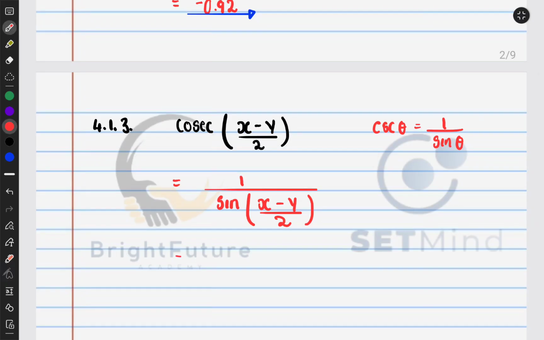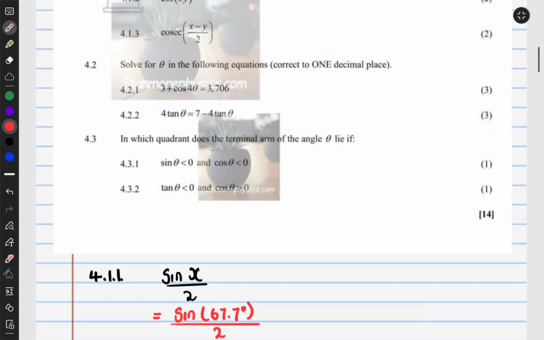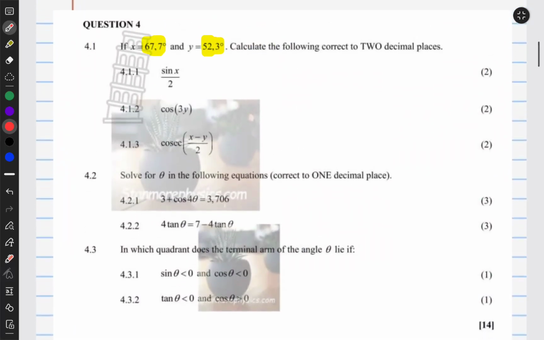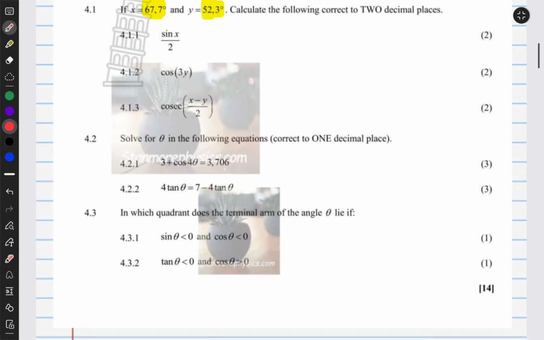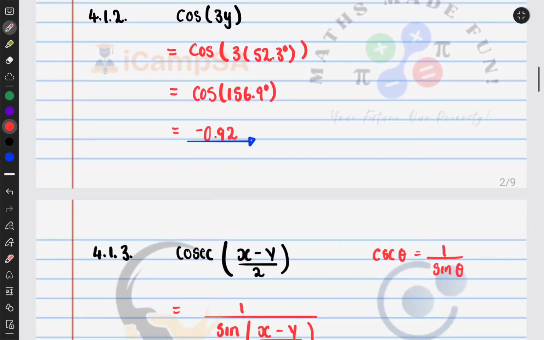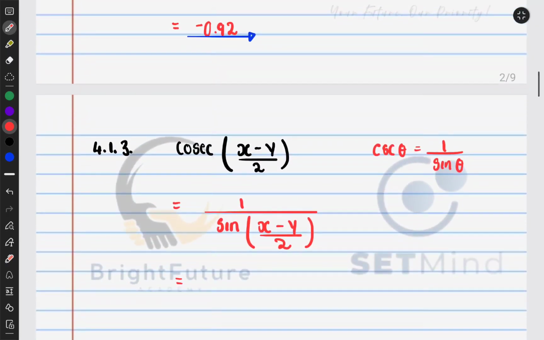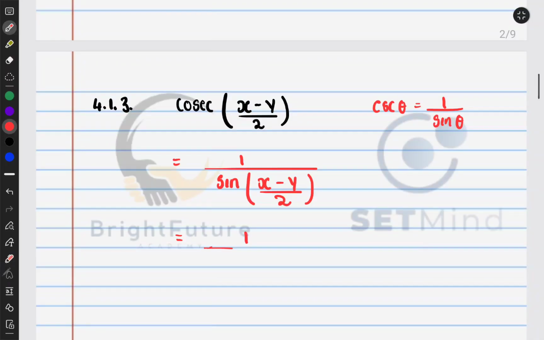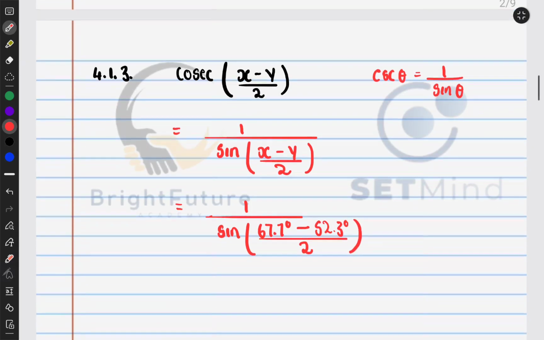Okay, so let's substitute x and y. Our x is 67.7 degrees and our y is 52.3 degrees. So we're going to have 1 over sine of 67.7 degrees minus 52.3 degrees, all divided by 2, close brackets.